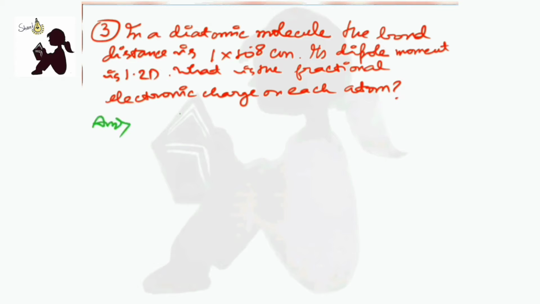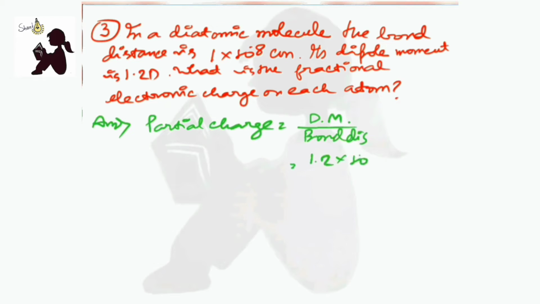So we have to know a formula here, that partial charge is equal to dipole moment, I am writing it as DM, by bond distance, because we know dipole moment equals partial charge into intermolecular distance or bond distance.